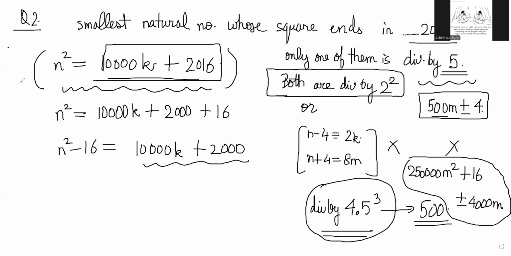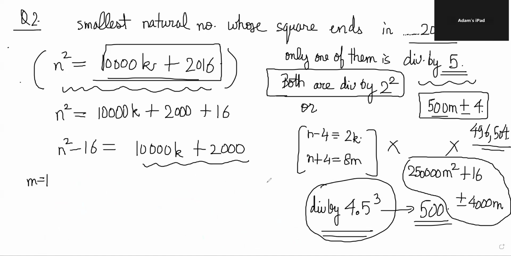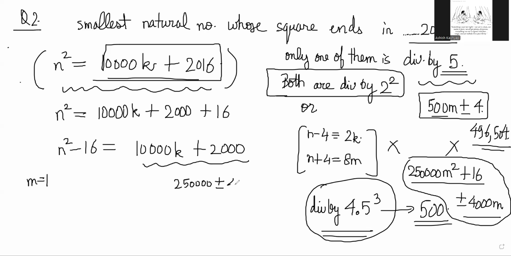If m is equal to 1, the numbers are 496 or 504, right? And if m is 1, our number here is becoming 250,000 plus minus 4,000 plus 16, right?